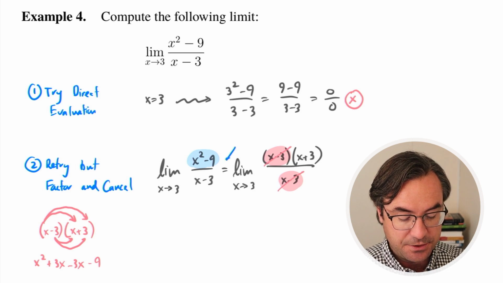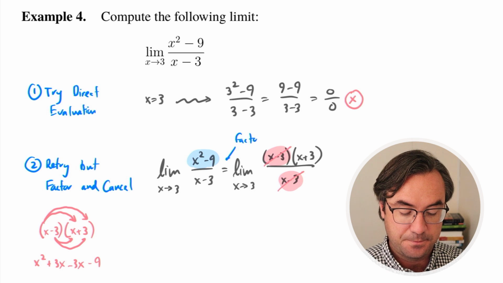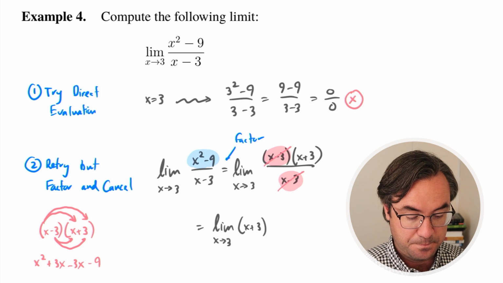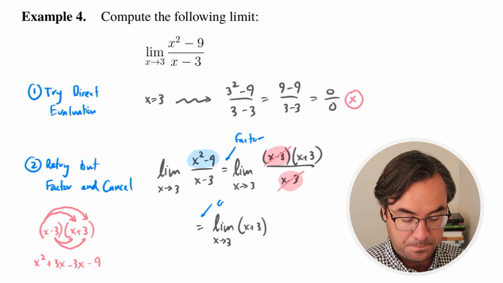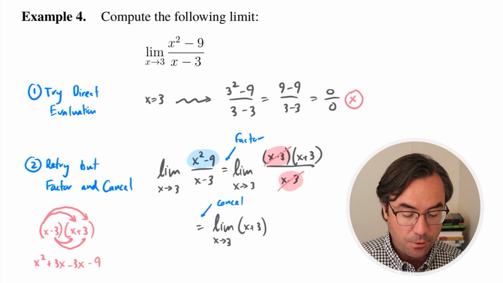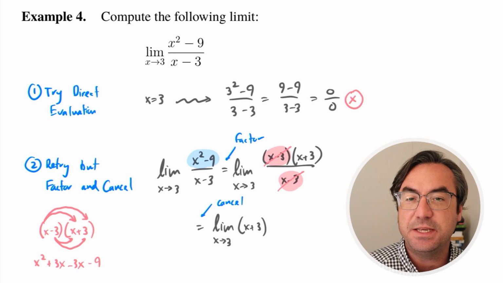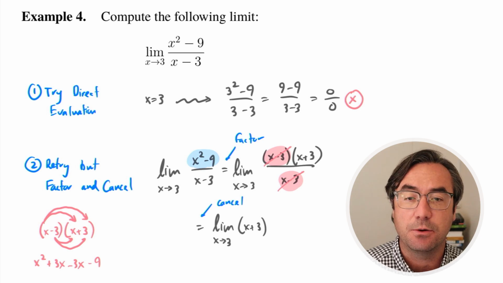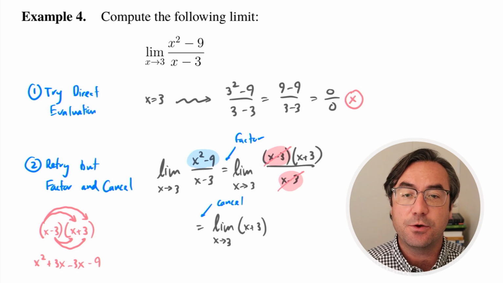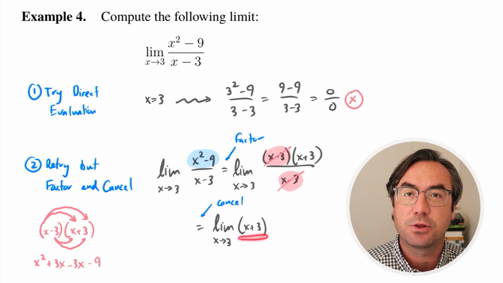So the idea here is we factor, then we cancel, and once we've done that, now we've gotten rid of that piece in the denominator that was giving us 0. So now we retry our direct evaluation with this simpler version.